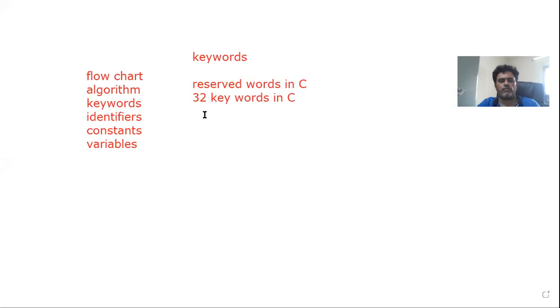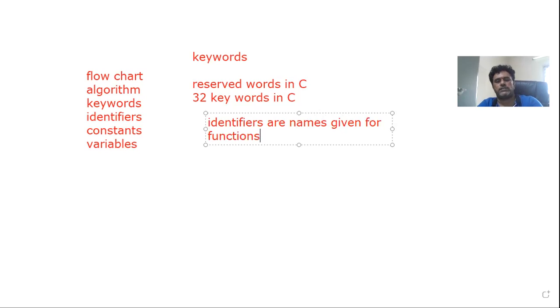Then come to the point of what are called identifiers. Identifiers are names given to functions, variables or structures.